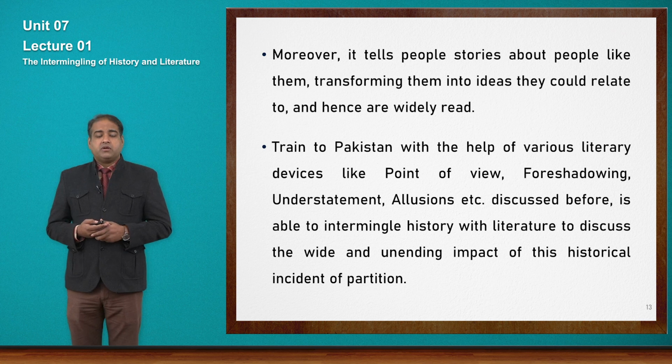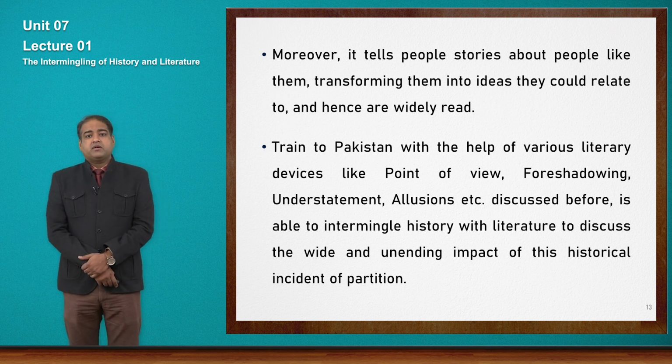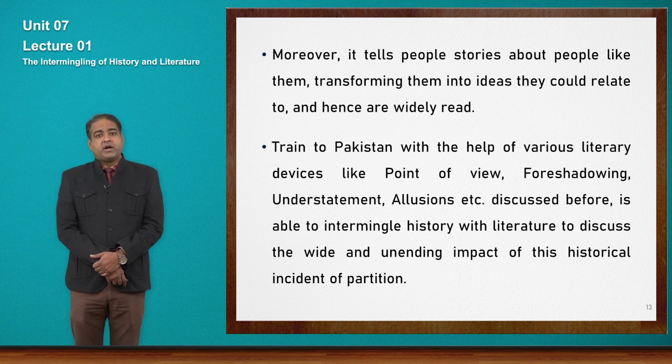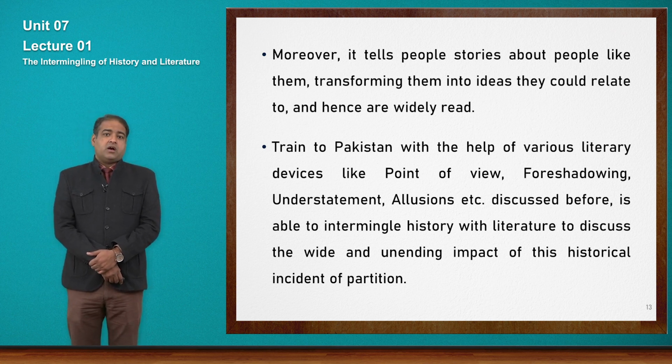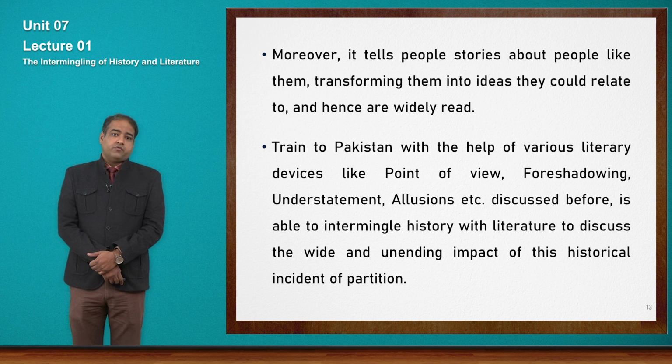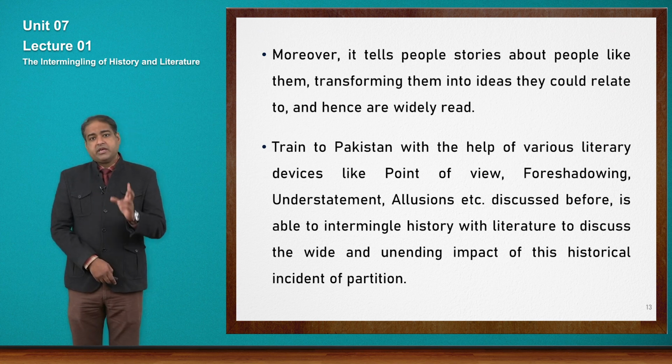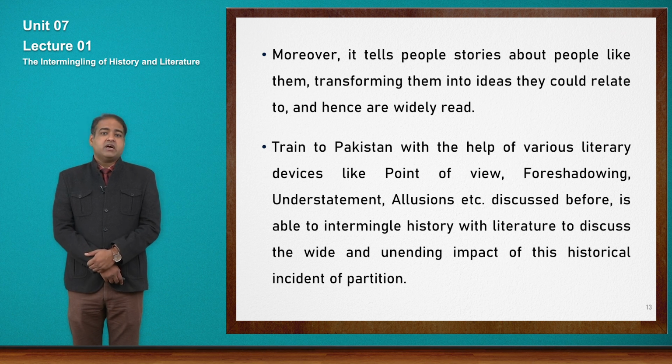And in this way, all these characteristics were able to make this text, Train to Pakistan, a historical fiction which can be incomparable to any other text of the world.